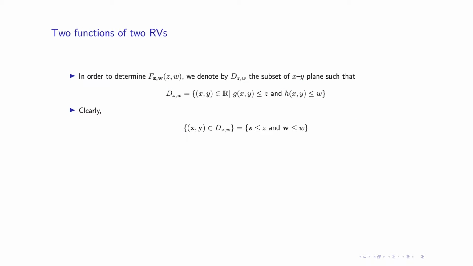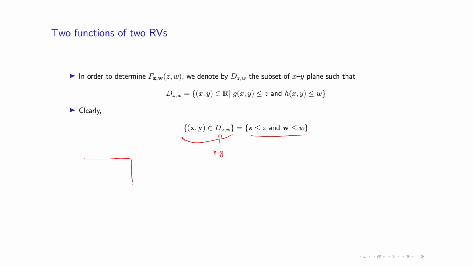So clearly the event that the random pair XY is in D_ZW, which is a region in the XY plane, and this is in the ZW plane, is the same event, the same set of outcomes.